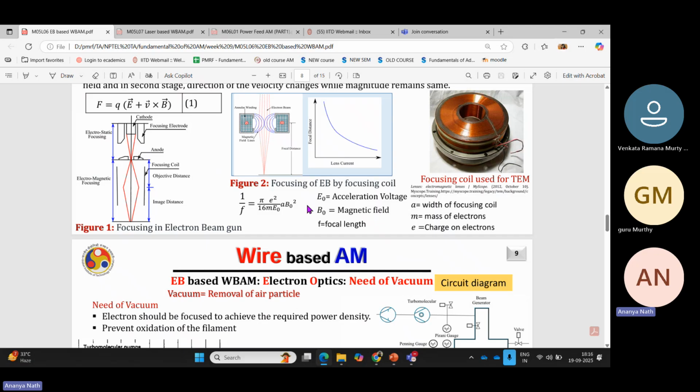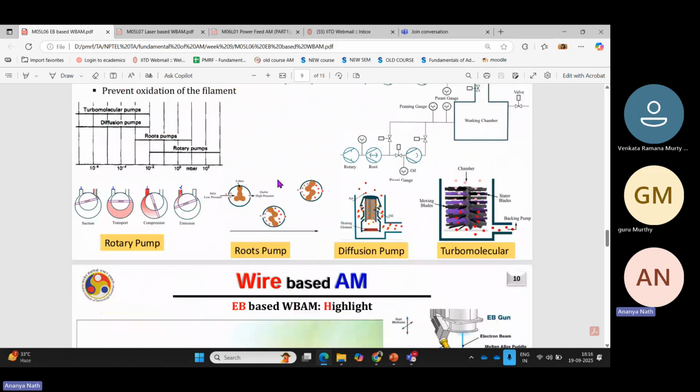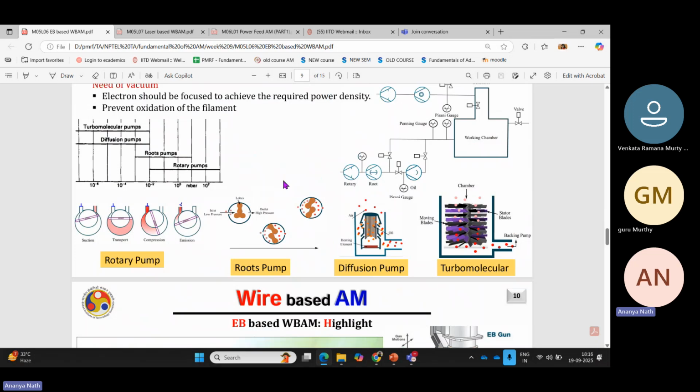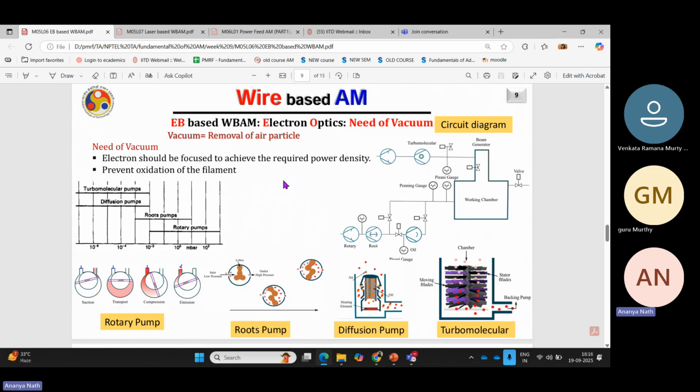So now we know that using the magnetic coil, we can focus the electron beam. Now it's important to understand why we are using the vacuum chamber and how we are achieving the vacuum inside the chamber. We are on the ninth slide right now.